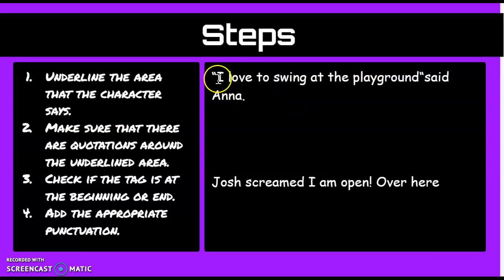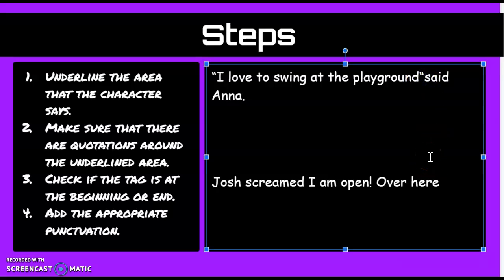So let's see what we would add here. I love to swing at the playground. This would be a comma. Normally we would put a period, but because the sentence keeps going, we use a comma right before the quotation marks. Then we can finish the sentence, said Anna, and make sure we have our period at the end.